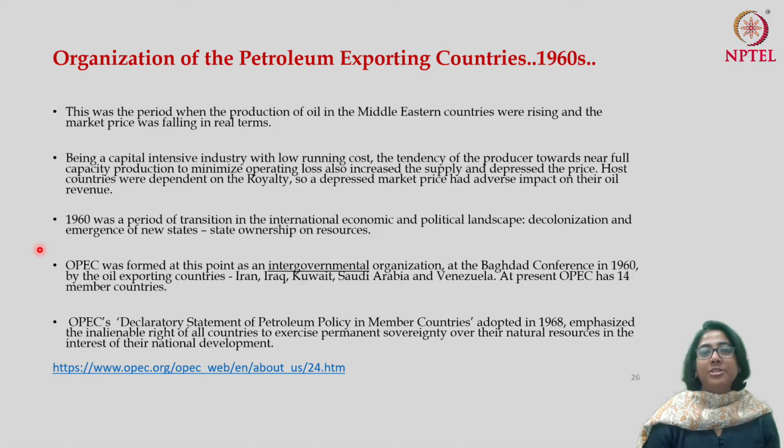We have also observed that the posted price was higher than the actual market transaction price, because of several long-term benefits given to the buyer by the seller of oil, in order to ensure the sale of whatever they were producing.